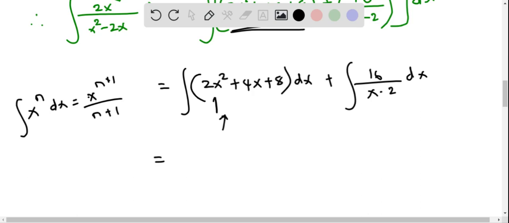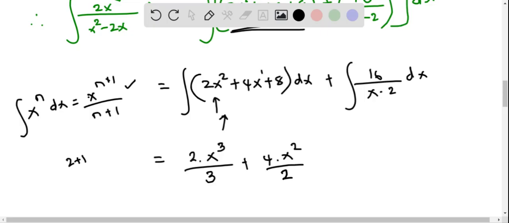First, when we integrate 2x^2, we put 2 times x raised to the power of 2 plus 1, which is 3, divided by 2 plus 1, which is 3. And then plus 4 times x raised to the power of 1 plus 1, which is 2, divided by the same number, 2, plus 8 times the integral of 8, a constant, which is just 8x.